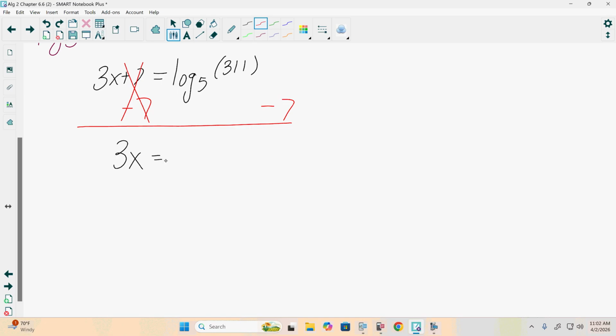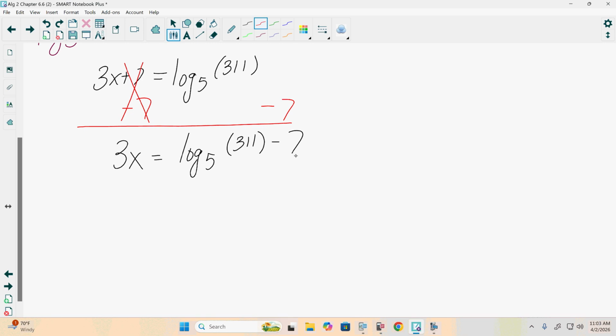Now it's going to be very tempting, or you might end up writing that we have log base 5 of 304, but that is not the case, because that 311 is stuck inside the logarithm. It is a part of that log.